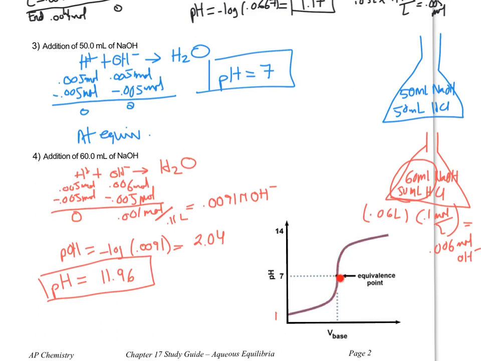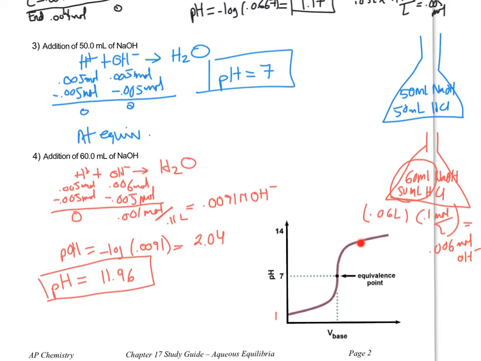This point is my equivalence point. That's when I've added 50 milliliters of my base, and that was at a pH of 7, just because it's a strong reaction. Shoots up, and then I keep adding base, and it goes up very, very slowly.